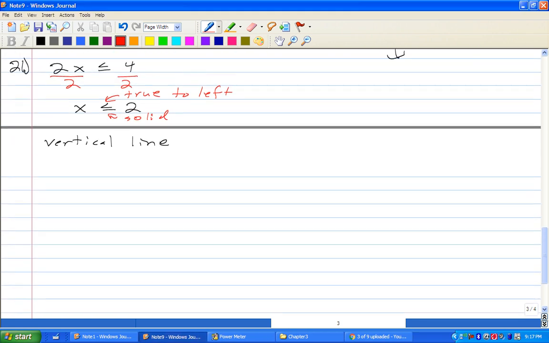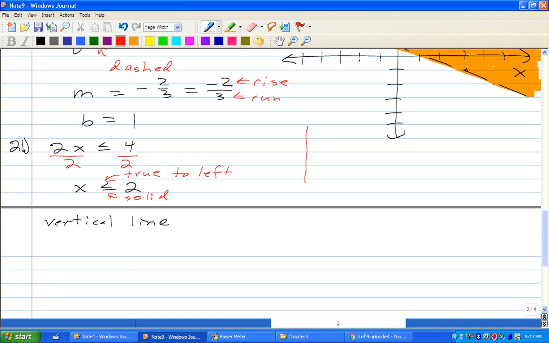So let's do that. Actually, I can probably do it here. Let me not try to collide with that one. Let me put the tick marks on the axis.